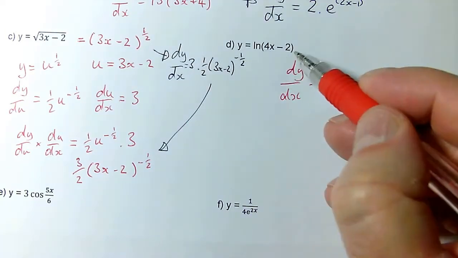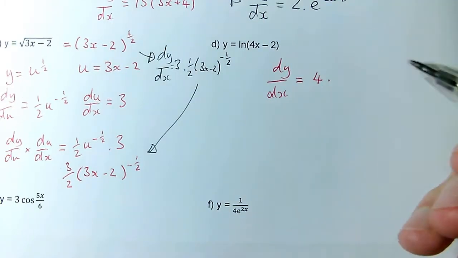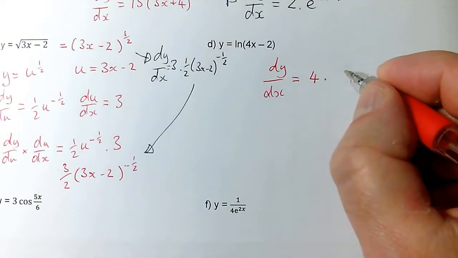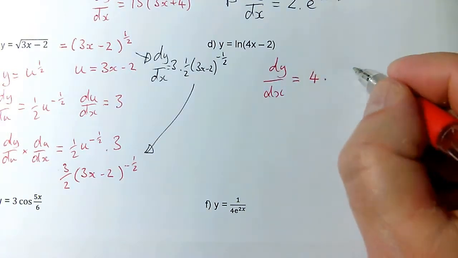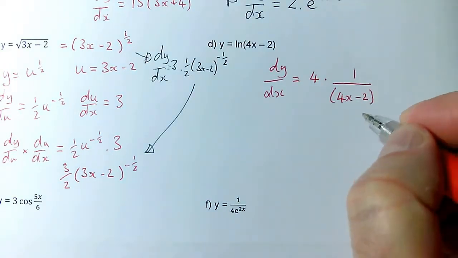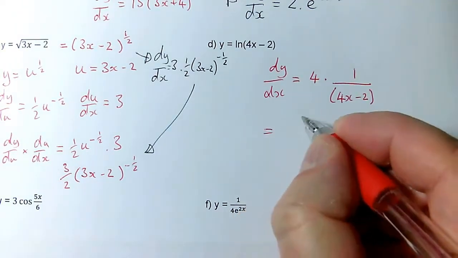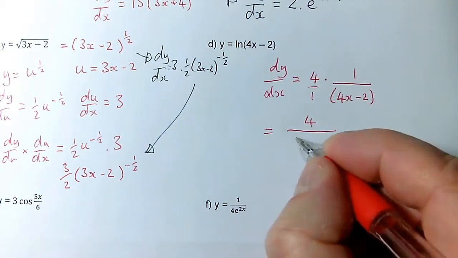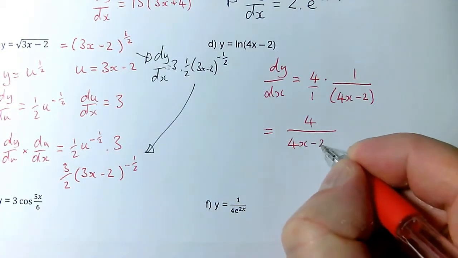Outside function is log bracket, but we know that our new rule for differentiating log of x is that log of x differentiates to 1 over x. So log of bracket differentiates to 1 over bracket. So I get 1 over 4x minus 2 on the bottom. Simplifying that answer is going to be 4 over 1 times 1 over 4x minus 2, which is 4 over 4x minus 2.